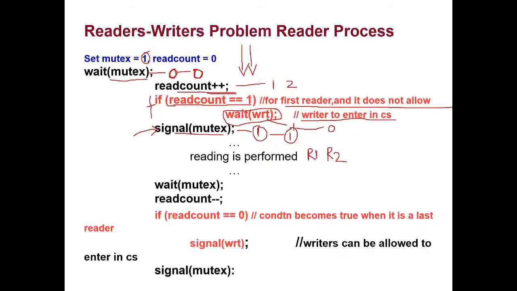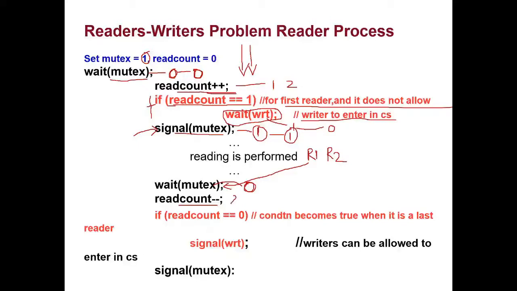Now reader 1 finishes and it is going to execute wait of mutex. So it is going to make the value of mutex equal to 0, which means it is locked now. Now it will decrement the value of read count because reader 1 is going to come out.